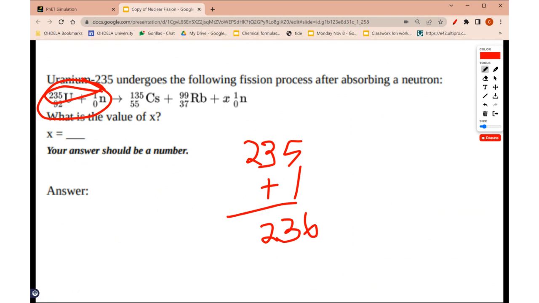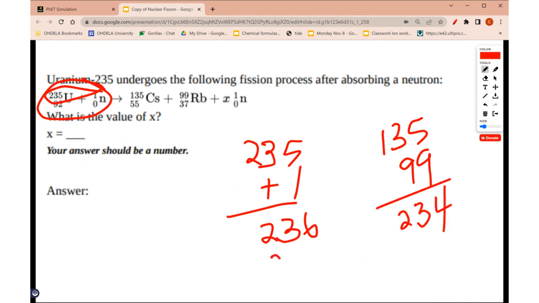And then I've got cesium and rubidium, so 135 and 99, so that's 234. 236 minus 234 gives me 2. So 2 neutrons.